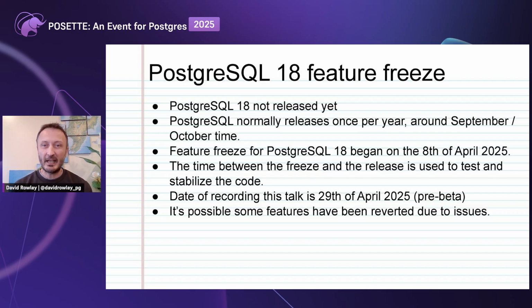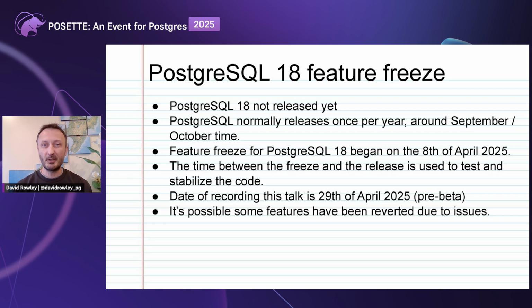But first, a little caveat. The Postgres feature freeze for 18 started on the 8th of April, which, as this is pre-recorded, was 3 weeks ago. The feature freeze is a point in time where we stop accepting new features into Postgres and start to try and stabilize the release.